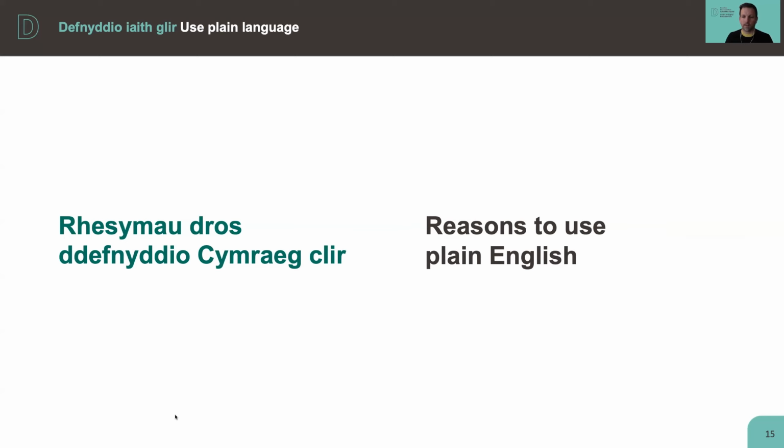But imagine people coming to your content under time pressure. Content which is simply written is easier to scan and absorb. People might be coming to content feeling stressed. When you're anxious, it's harder to absorb any kind of complex language. People might be multitasking with divided attention. They might be caring for children whilst also trying to make some kind of application online.